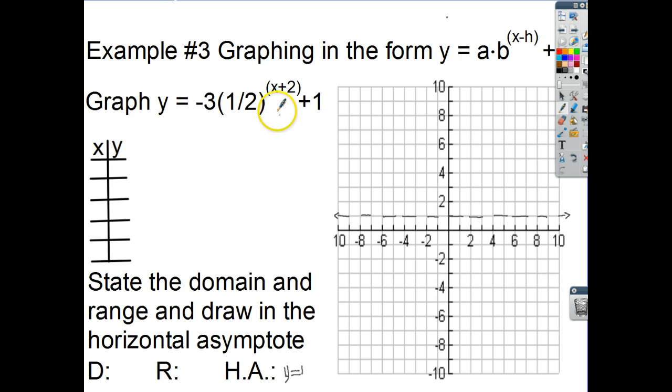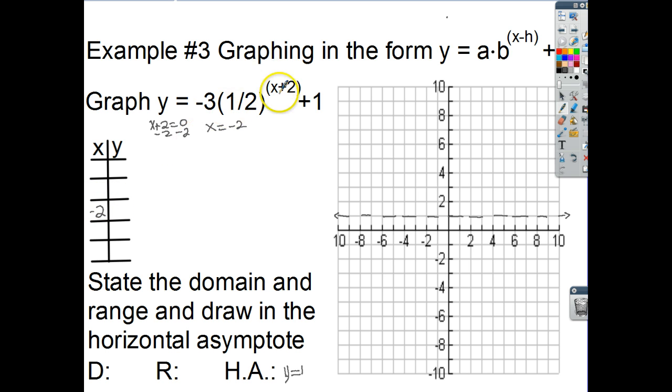Okay, and the second part is that to find our starting point, the point in the middle of the turn or the curve, we want to take our exponent, x plus 2, and set it equal to 0 and solve. So when we subtract 2 from both sides, we get x is equal to negative 2. That's going to be our guess that we put right here in the middle of our numbers, and then we'll go up and down as needed to get a complete graph.